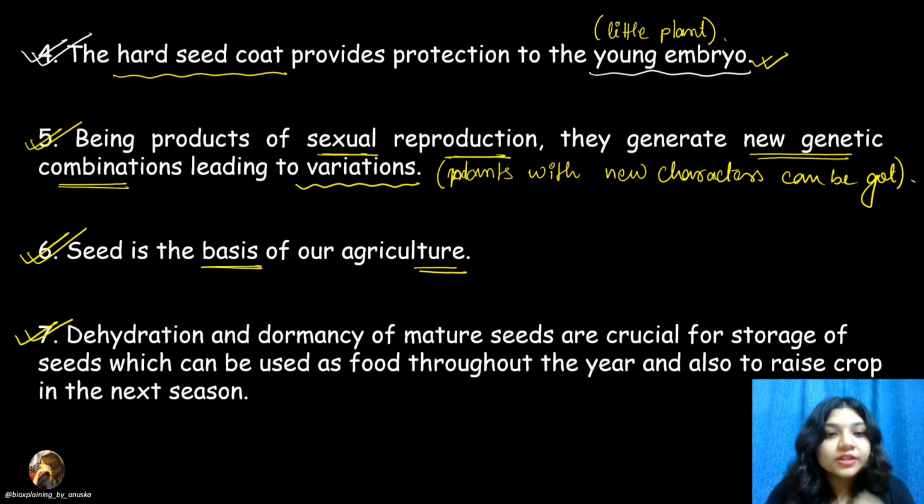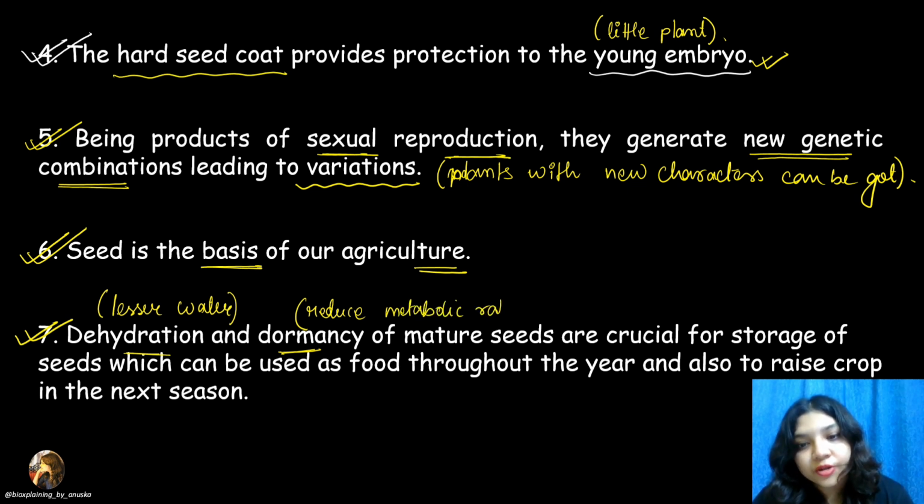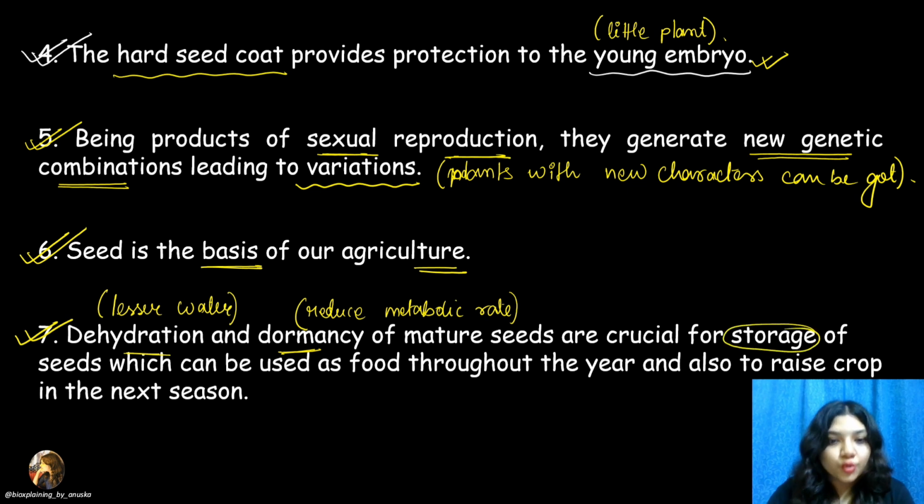So because of this dehydration, that means lack or lesser water content, and dormancy, that means reduced metabolic rate. In case of mature seeds, this is crucial so that things can be properly stored. The seeds can be stored and they can be used as food throughout the year.